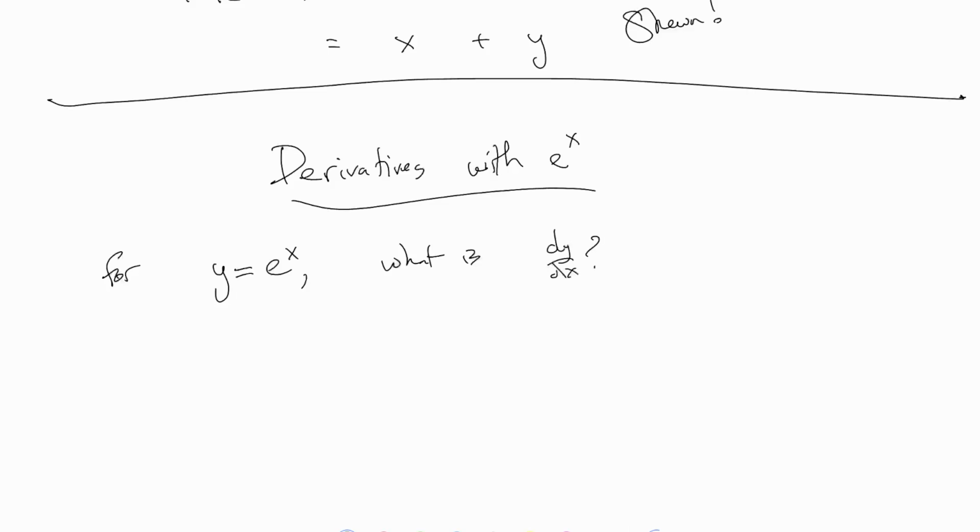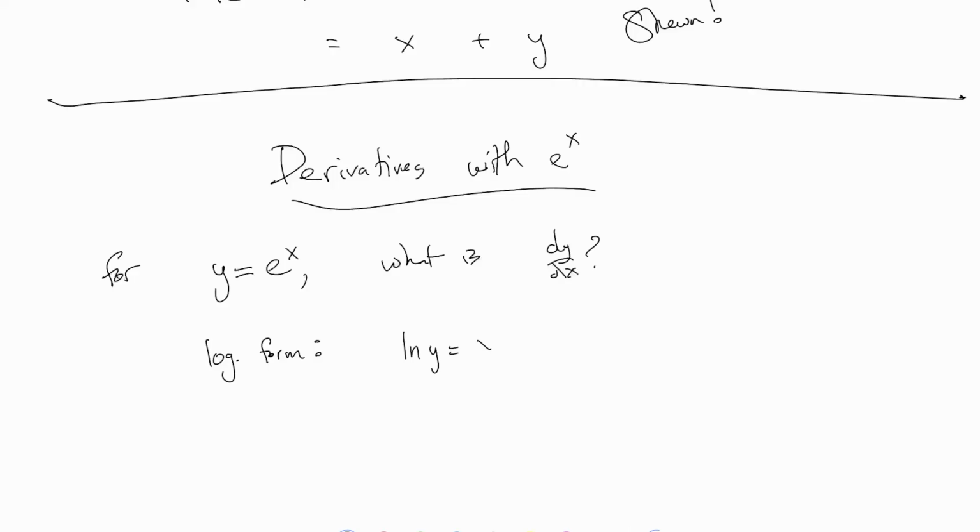I would like to somehow leverage the knowledge we already have about ln x to find the derivative here. And the appropriate way to do that would be to just write this instead in the logarithmic form. So the logarithmic form would say ln y equals x, sorry.